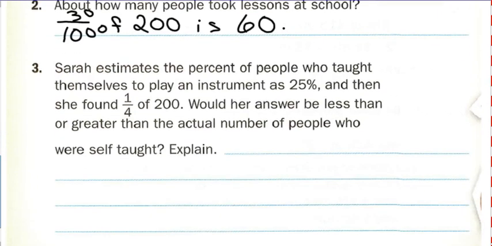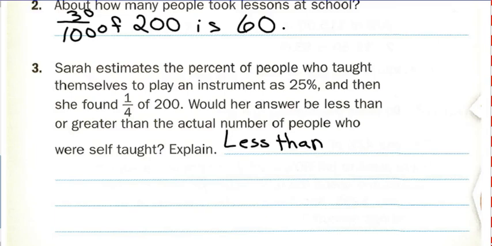Number 3 says Sarah estimates the percent of people who taught themselves to play an instrument as 25%. And then she found 1/4 of 200. Would her answer be less than or greater than the actual number of people who were self-taught? Explain. Well, it would be less than.